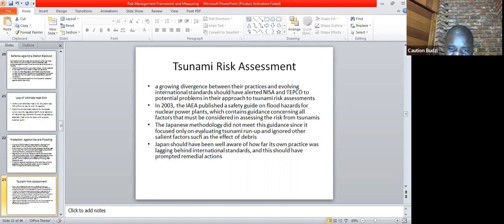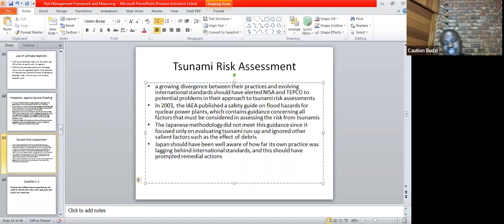The Japanese methodology did not meet this guidance since it focused only on evaluating tsunami run-up and ignored other salient factors such as the effect of debris. Japan should have been well aware of how far its own practice was lagging behind international standards, and this should have prompted remedial action.